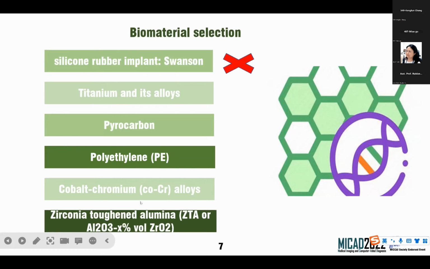We also eliminated pyrocarbon biomaterial, even though it shows good outcomes. However, those clinical outcomes were based on short-term follow-ups, which doesn't necessarily reflect its efficacy. And we also eliminated the cobalt chromium and its alloy because they were labeled as potential carcinogens.